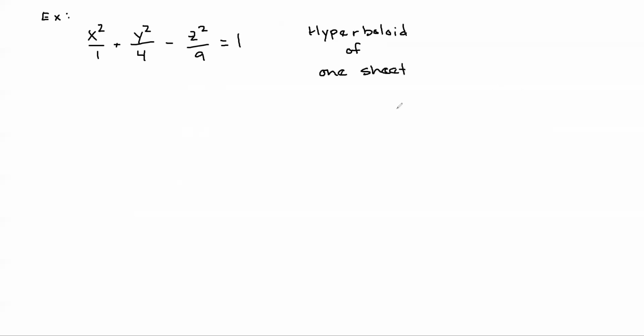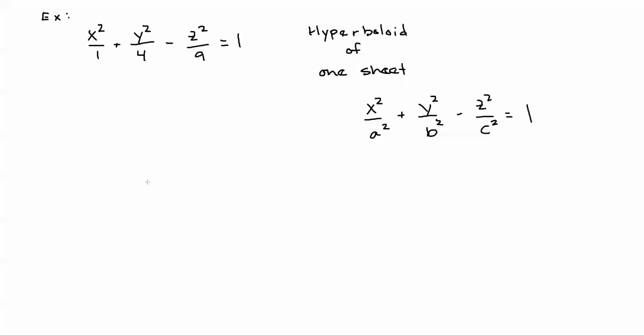A hyperboloid of 1 sheet has the form x squared over a squared plus y squared over b squared minus z squared over c squared equals 1. Or, well, I should say, this is one type of hyperboloid. If the negative is on the y or on the x, then you get a different type of hyperboloid of 1 sheet. And I will summarize that at the end.